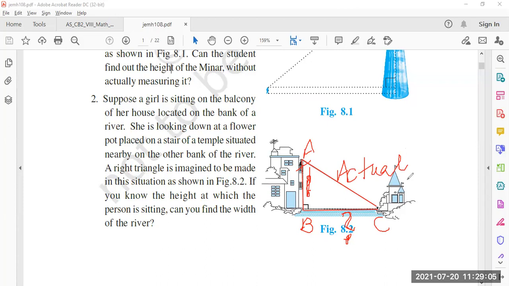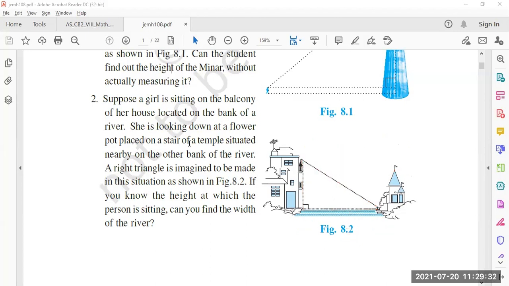But when you calculate for air transportation, that is the shortest distance, because air transportation does not have to follow any particular road. It travels in the shortest path. So here also the actual distance between the girl and the pot is this slanting line, which we call the hypotenuse. So this was another situation we discussed yesterday.